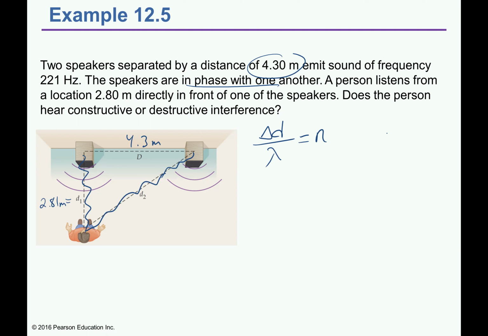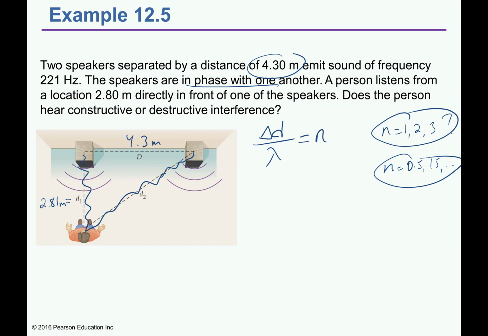Are we getting N equals 1, 2, 3, or are we getting N equals 0.5, 1.5, and things like that? Because this is going to be constructive, and this is going to be destructive.